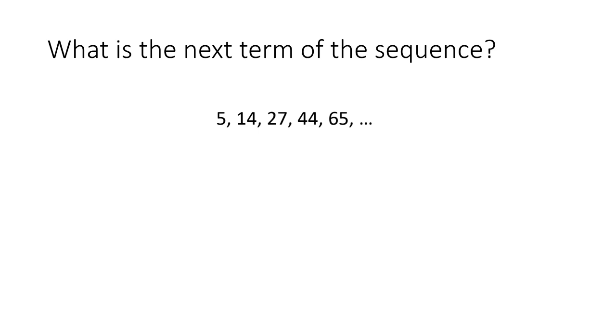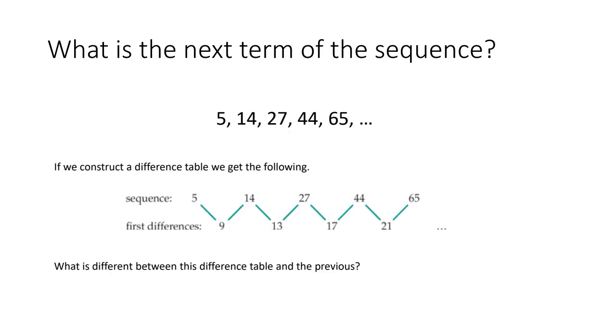So now we have 5, 14, 27, 44, and 65. If we look at these numbers, it might be hard to find what's happening between each term. So a difference table would help us to figure out the next term.